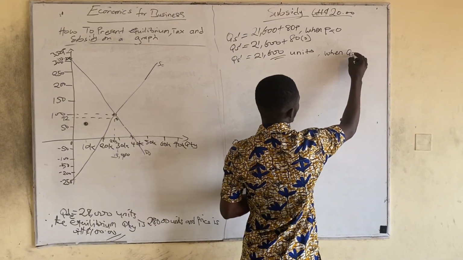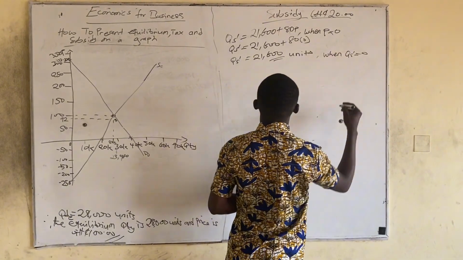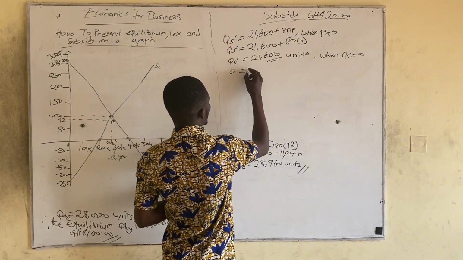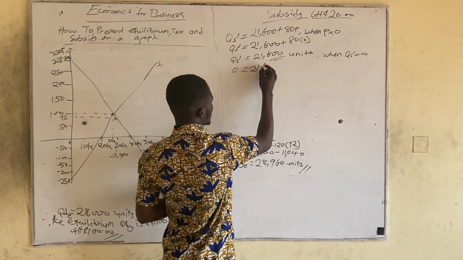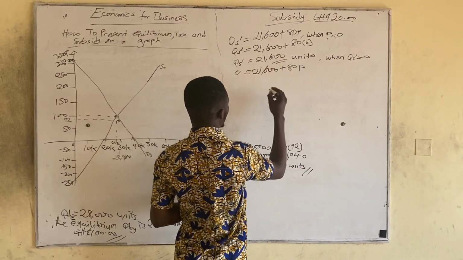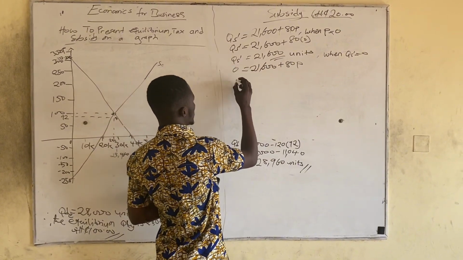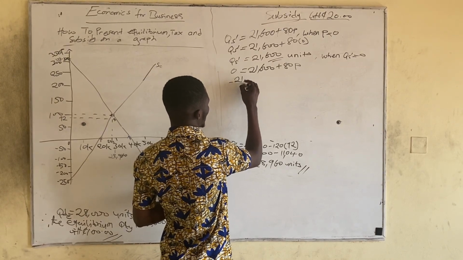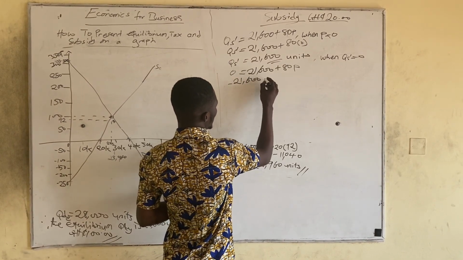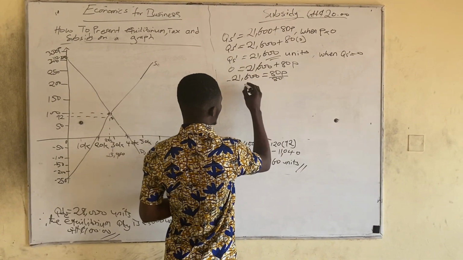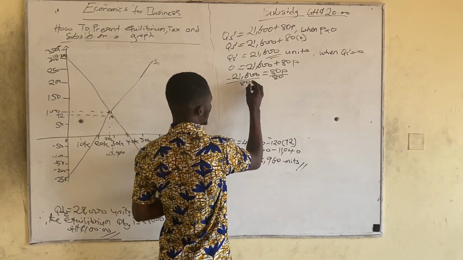Okay, now you also state that when new quantity supply equals 0, so 0 is equal to 21,600 plus 80p. So this will cross, making it negative 21,600 equals 80p, divided by 80 on both sides.